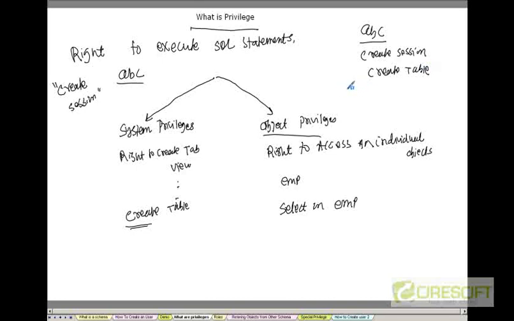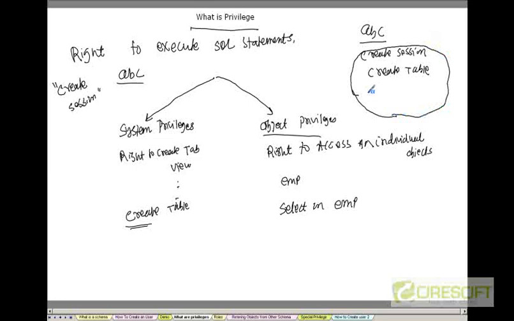So there's a bare minimum set of privileges I can give so that the user will be okay to go. That means we can create a table, select, and all this thing.